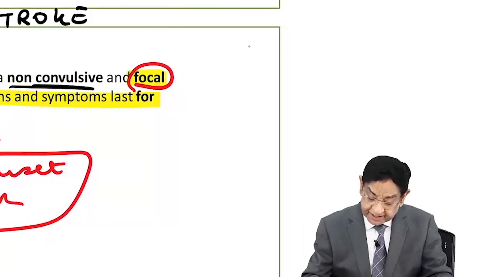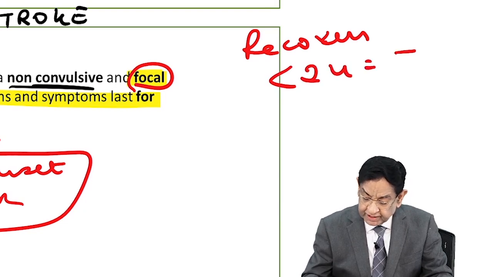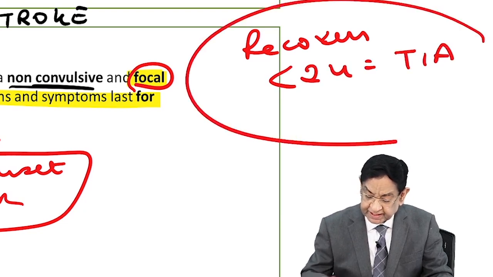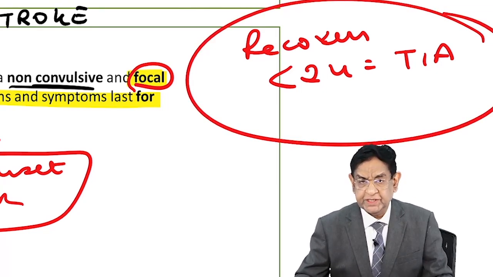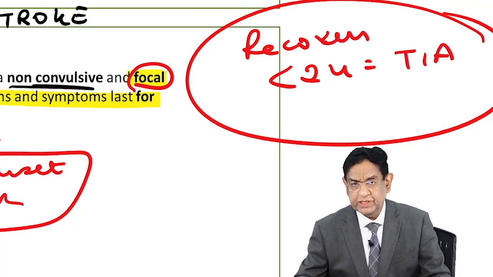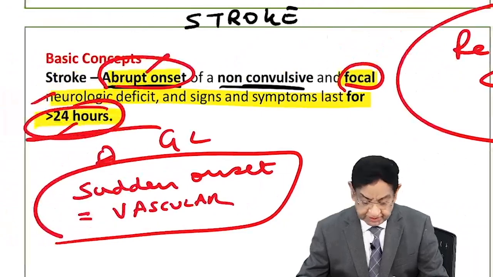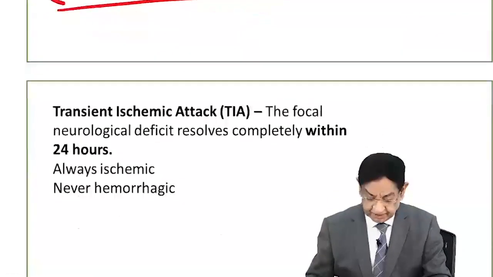But if it recovers within 24 hours, then we call it a transient ischemic attack, TIA. The only difference between TIA and stroke is duration of recovery. Less than 24 hours is TIA, more than 24 hours is stroke. Understood? Let's learn more basic concepts about stroke.